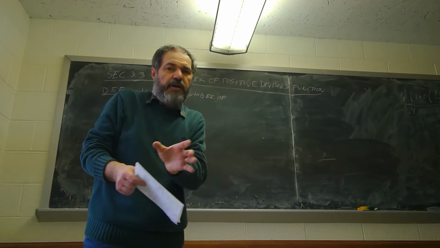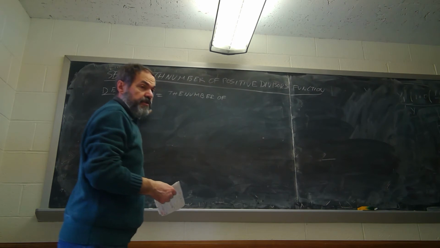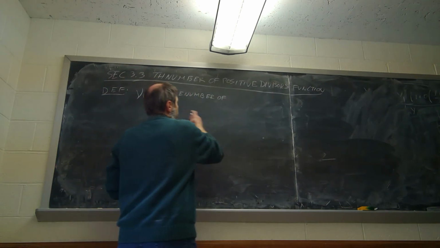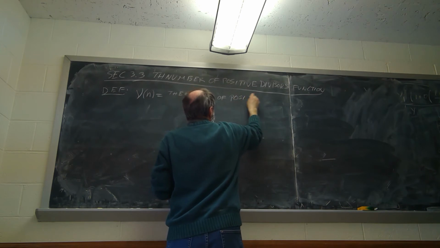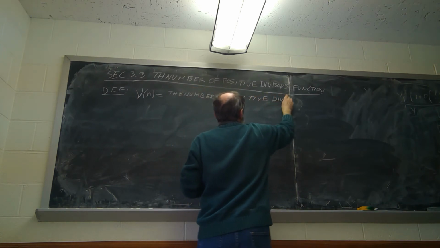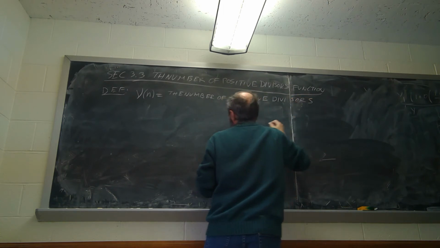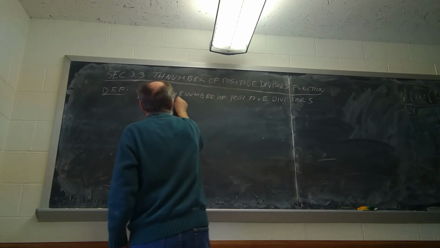We just count the positive divisors, and their number is denoted like this. So the number of positive divisors of n.